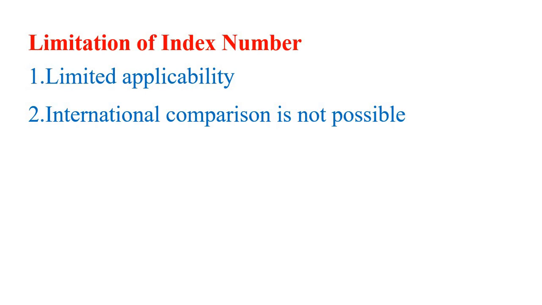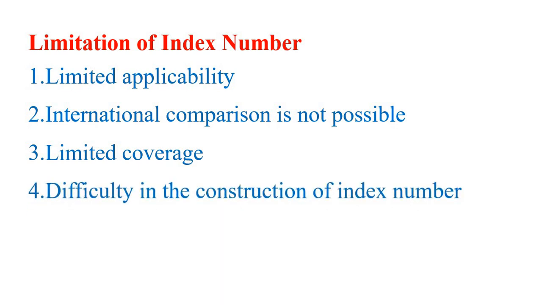Limited coverage, not a wide coverage. Difficulty in construction, because different formats are used. Which format do we need to construct? Where index numbers will be used cannot be decided, so it cannot be applicable. That's the reason for the limitations of index numbers.